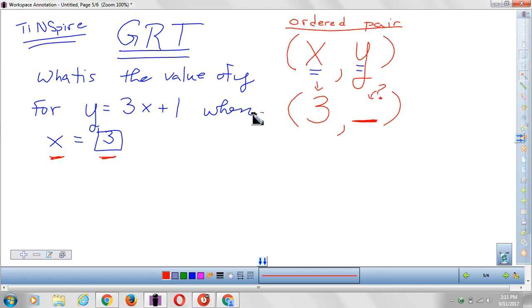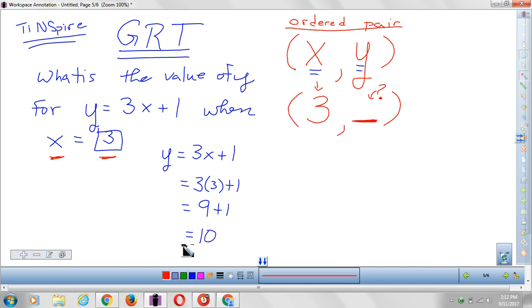Okay. So now let's take a look at it algebraically, and then we'll take a look at it with the calculator. Okay, so y equals 3x plus 1. They told us that the x would be 3. So that means 3 times 3 plus 1, which is the same thing as 9 plus 1, which is the number 10.